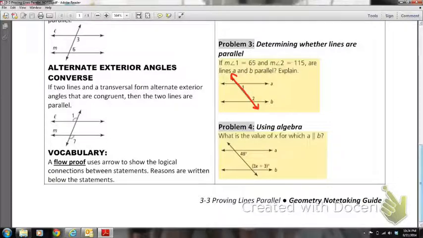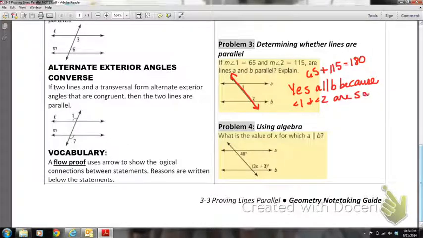And we also can see that the measure of angle 1, which is 65, plus the measure of angle 2, which is 115, is equal to 180. So that also means that they're supplementary. So the answer is yes, A is parallel to B because angle 1 and angle 2 are same side interior angles and are supplementary.